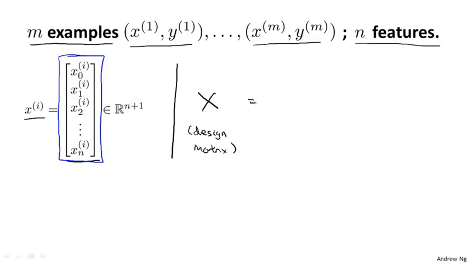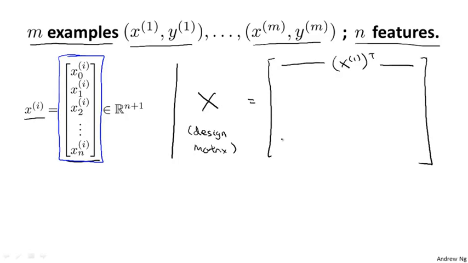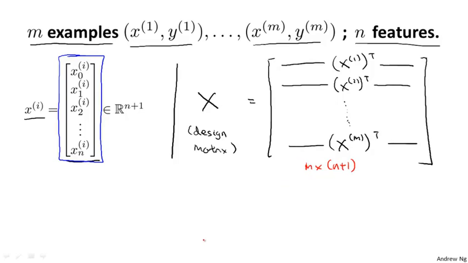I'm going to take the first training example, take its transpose, so it ends up being this long flat thing, and make x1 transpose the first row of my design matrix X. Then I take my second training example, x2, take its transpose, and put that as the second row of X, and so on, down until my last training example, whose transpose is the last row of my matrix X. So this makes my matrix X an m by n plus 1 dimensional matrix.